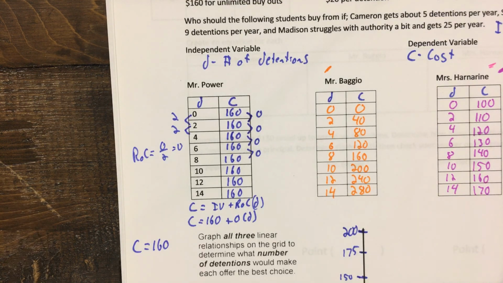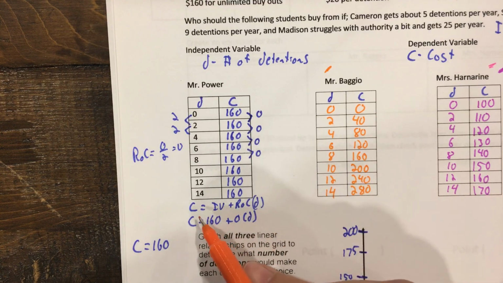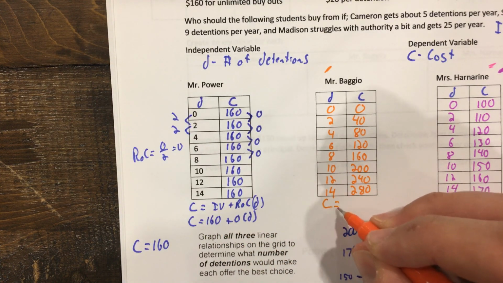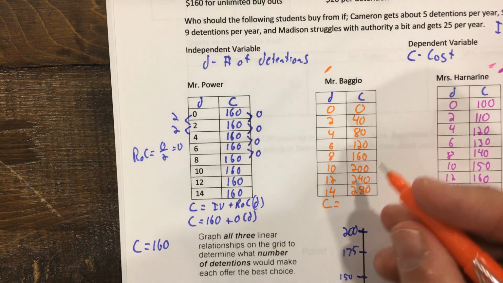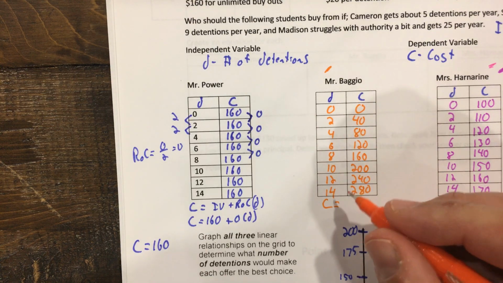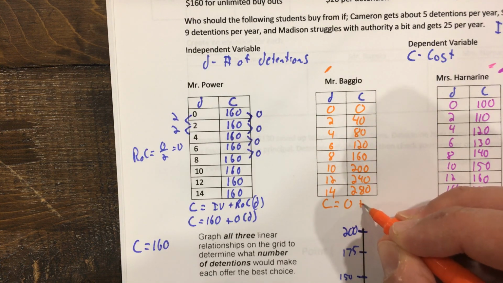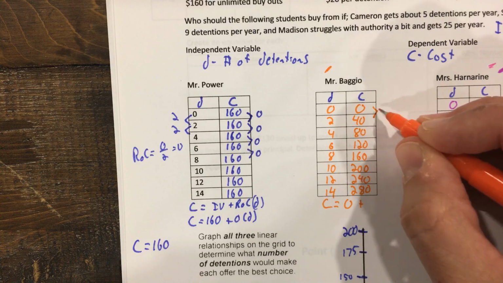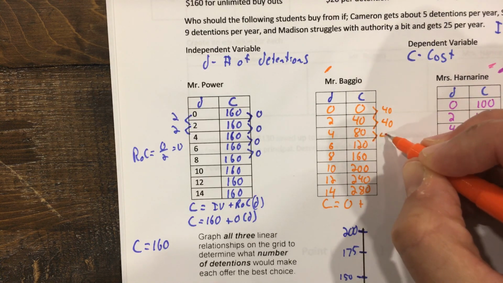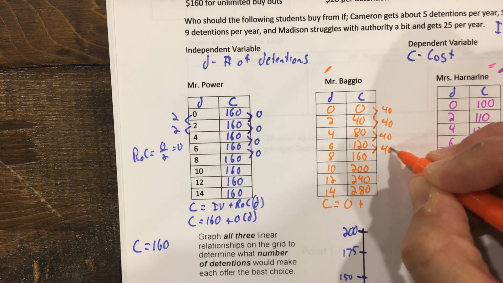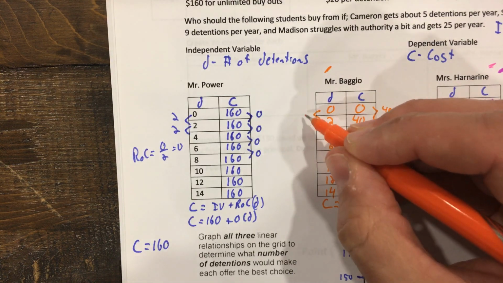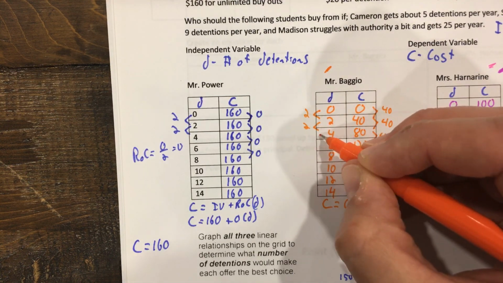Mr. Bagios follows the same form: the initial value plus the rate of change times D. Cost is equal to the initial value of Mr. Bagios, which is 0. The initial value comes when our independent variable is also 0. So $0 plus his rate of change. You can see it goes up by 40, by 40, by 40, by 40 each time, but it also goes up by 2 detentions.